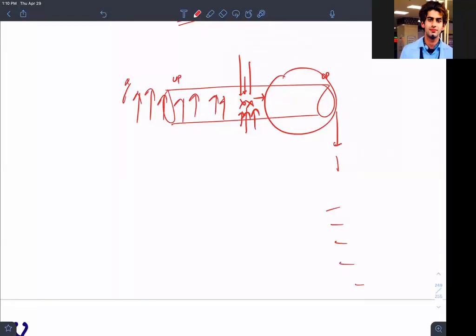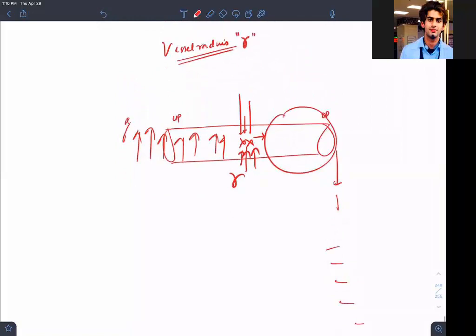Is it clear? Second concept, guys. If I decrease the resistance, what will happen to the upstream pressure? Upstream pressure will go down, downstream pressure will go up.